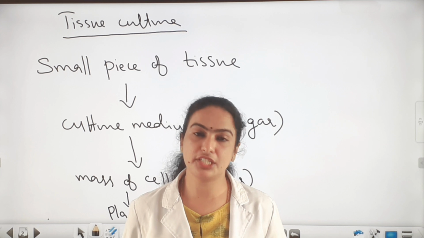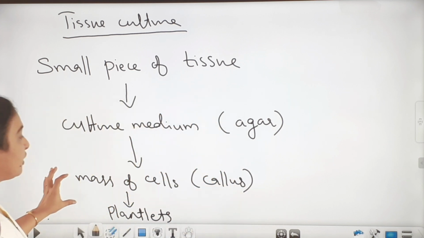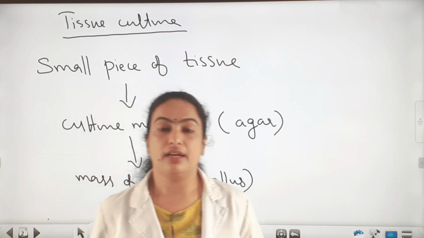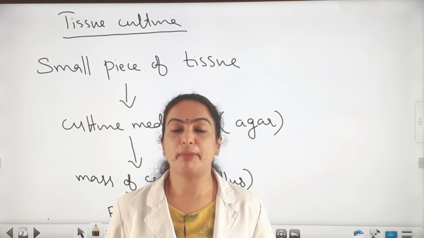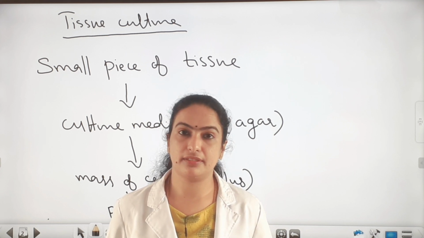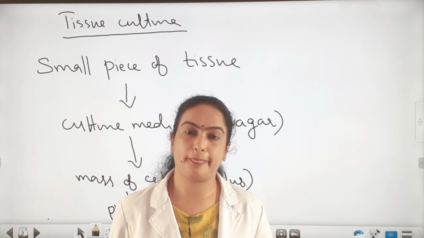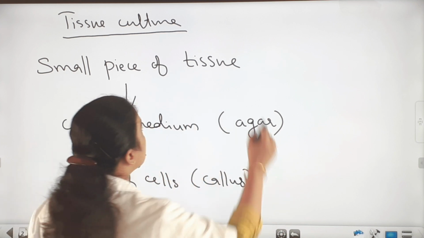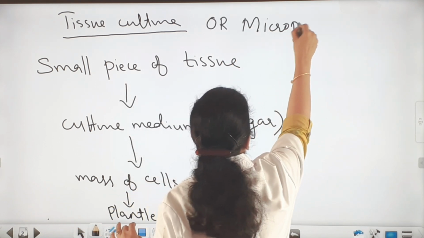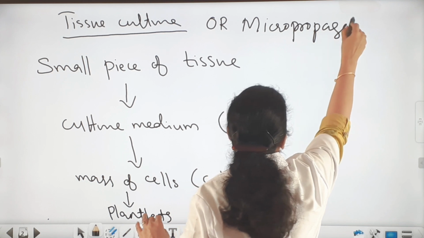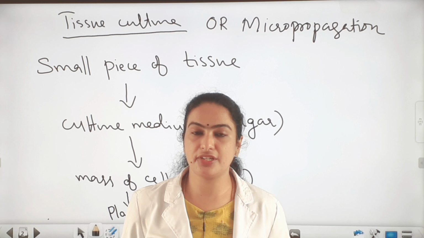This is called tissue culture. Within a short period of time, we can raise an unlimited number of offsprings from a single part of the parent. Tissue culture is also known as micro-propagation. Is it clear about tissue culture or micro-propagation?